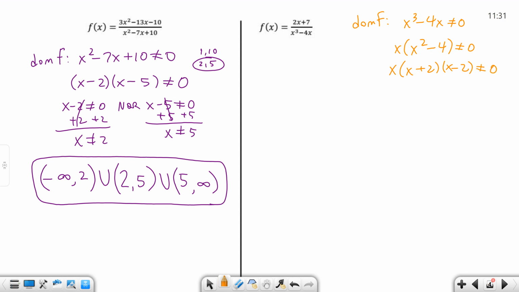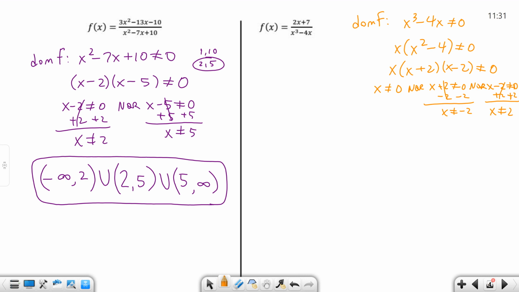Now I have this thing factored, and x cannot be 0, nor x plus 2 cannot be 0, nor x minus 2 cannot be 0. So x cannot be 0 is already solved, and then over here, subtract 2 from both sides, so x can't be negative 2, and over here add 2 to both sides, and we end up with x cannot be 2.